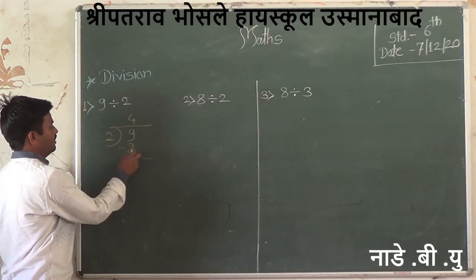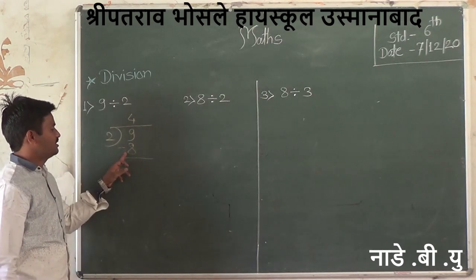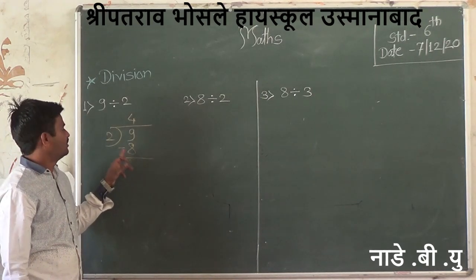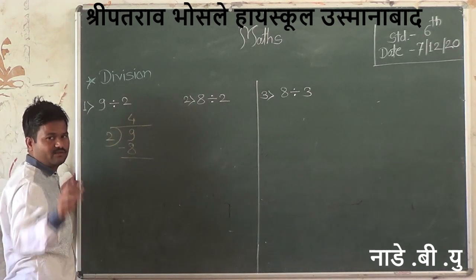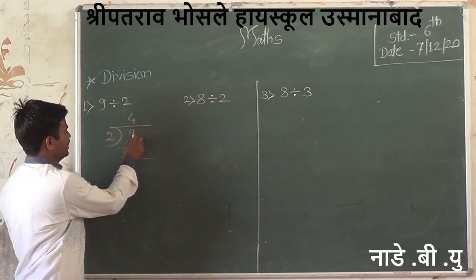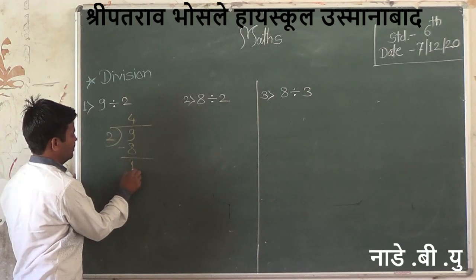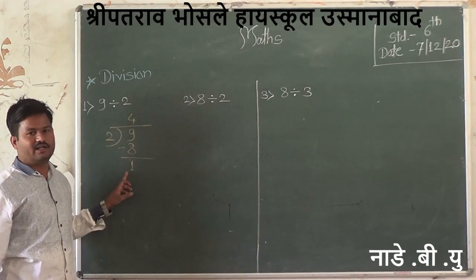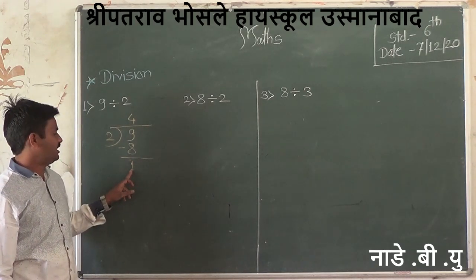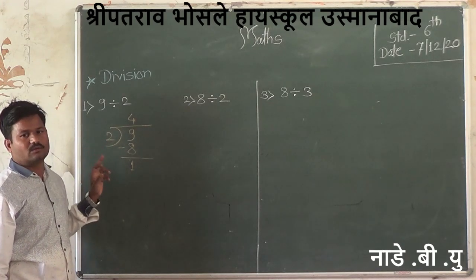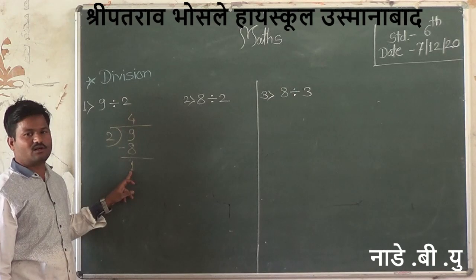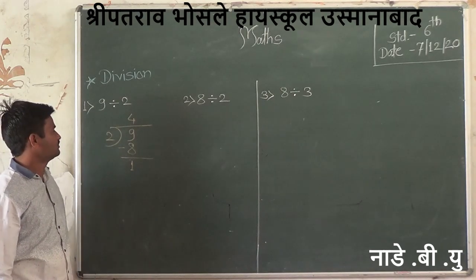Hence 8 is subtracted from 9. 9 minus 8 is 1. The remainder is 1, and 1 is not divisible by 2.